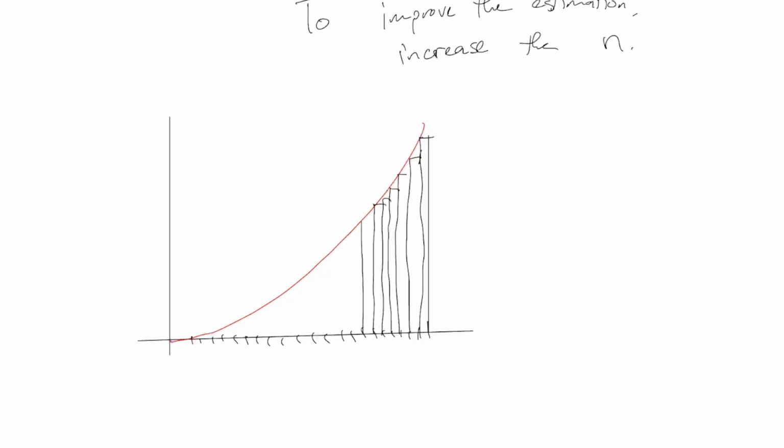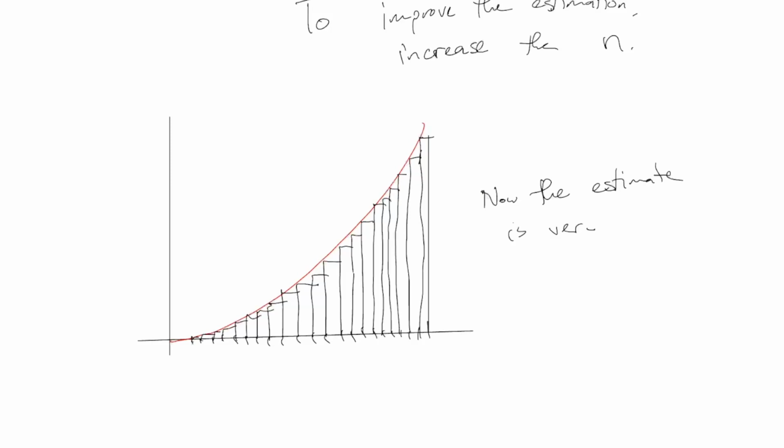The amount that they're missing is way smaller than before, certainly. So now, when you do this with the rectangles, now the estimate is very close to the true area, right?